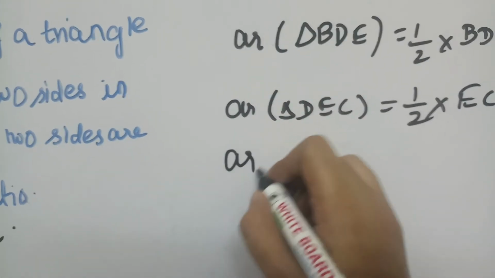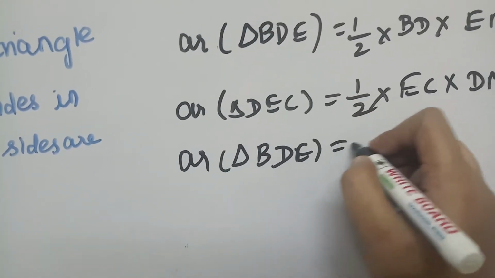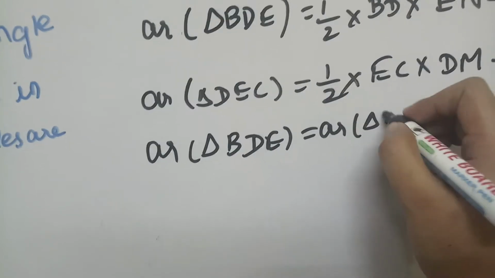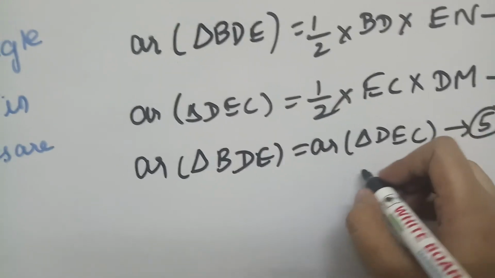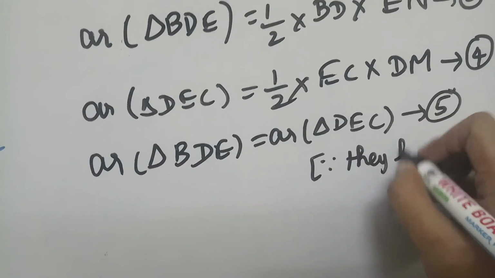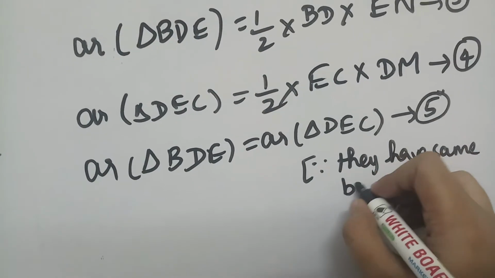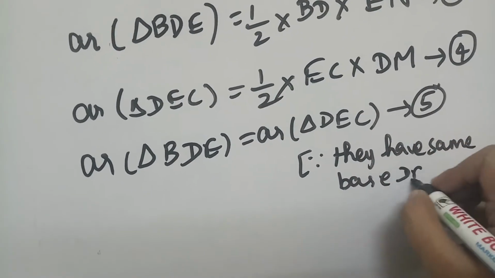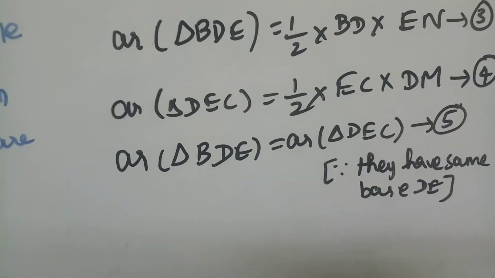So area of triangle BDE is equal to area of triangle DCE. That is the fifth part or fifth equation, because they have the same base DE. So using that we are saying it is equal.